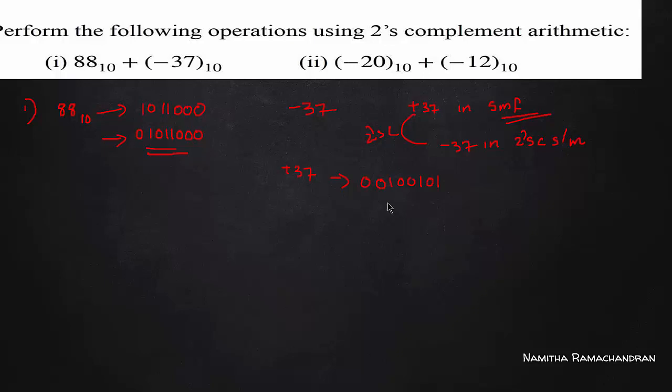If both numbers are represented using different numbers of bits, then make them equal first. That means for the representation with minimum bits, make a change over there and make that particular representation have an equal number of bits as the other number. Like this. Now we can take the 2's complement form of this positive 37.